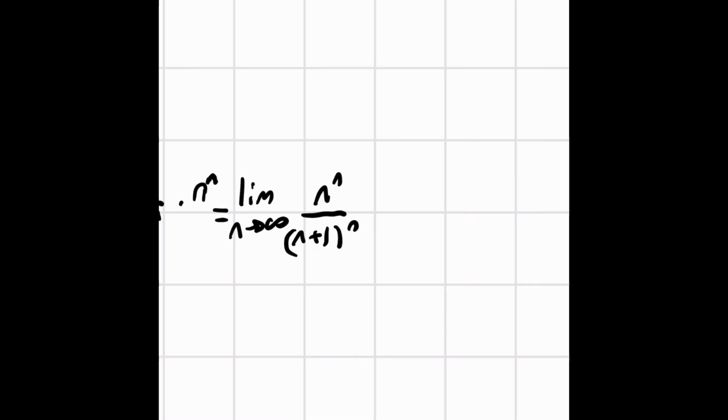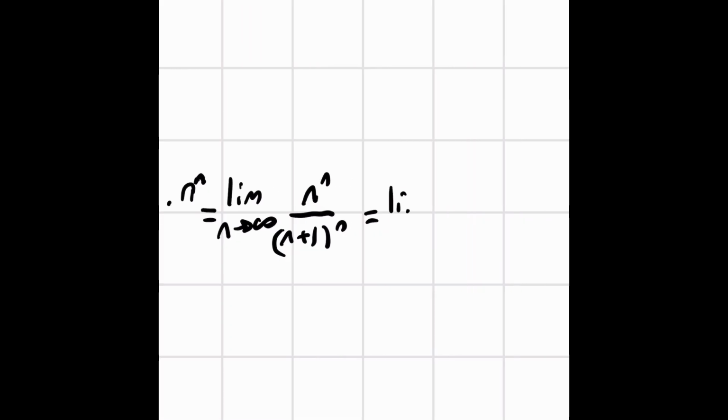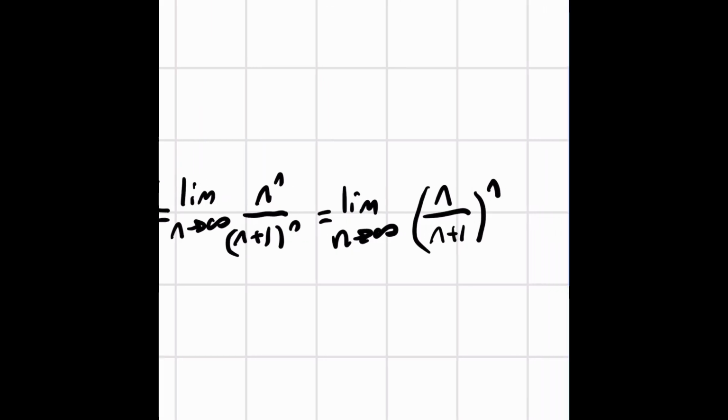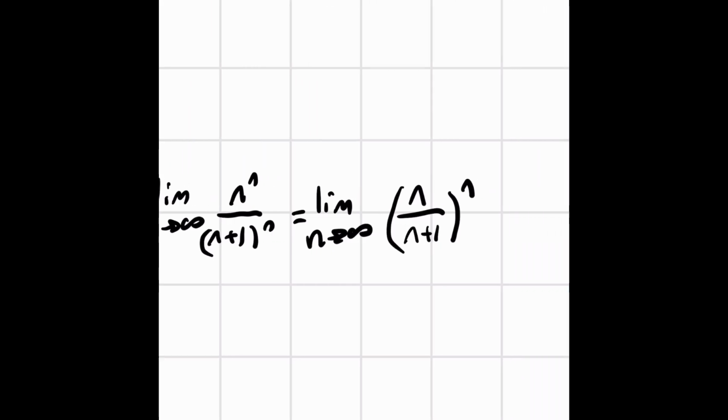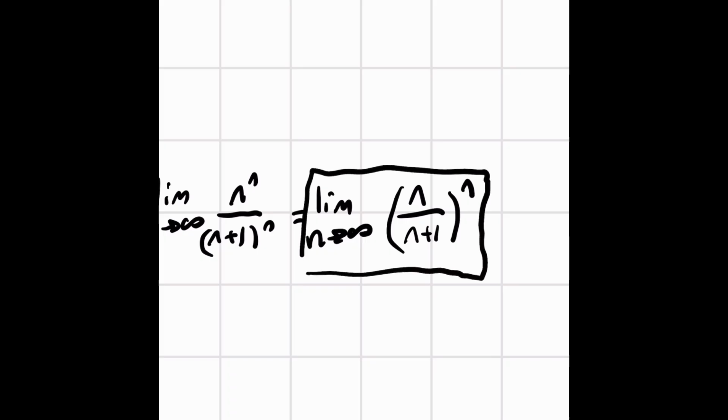And now since those are both to the nth power, we can write it as a single fraction, all to the nth power. Now, there are a few different ways of handling this. So now that we have it written like this, we see an actual limit that in theory we might be able to take somehow.